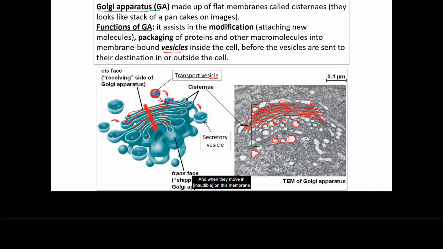When they move along the membrane of the Golgi, enzymes sitting there will perform reactions. Something could be attached, something may be removed from these molecules as they move. But in the end, new vesicles will be produced, and our purple modified molecules will be detached and separated, vesicles with molecules inside, and can move to another part of the cell.